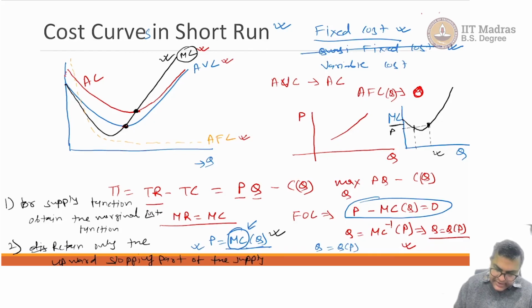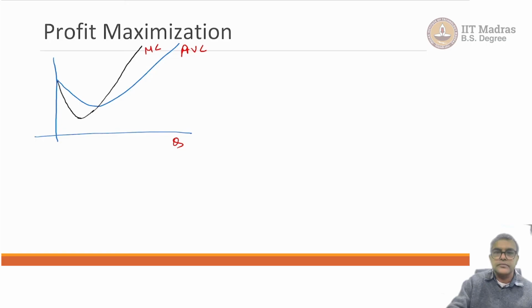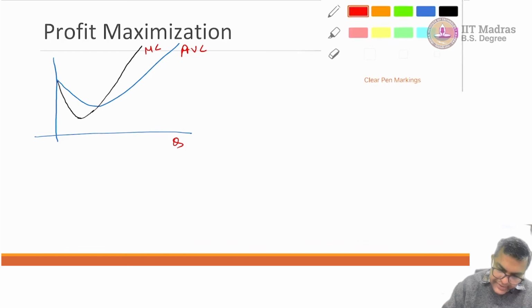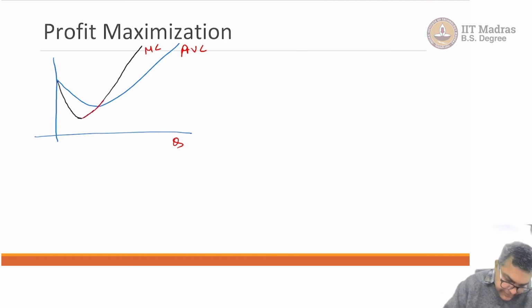That is the second stage. So, let us look at the upward sloping part of the marginal cost curve, and it is here. So, we take all. Let us also consider one more thing.